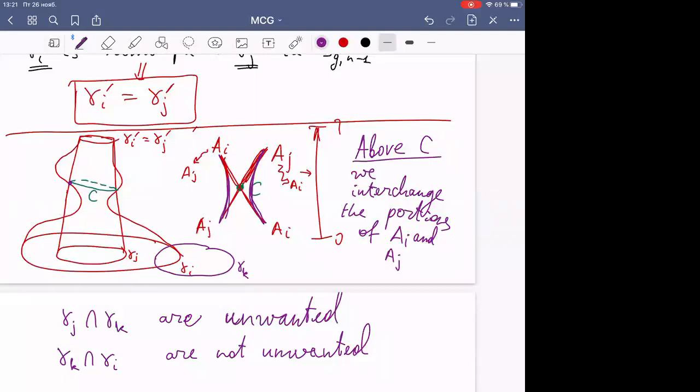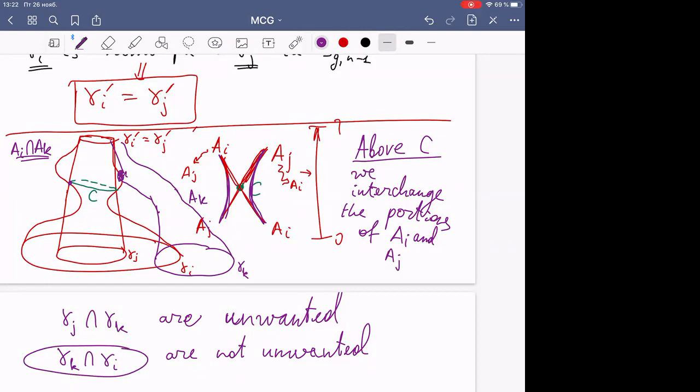And then it is possible that this cylinder AK has plenty of intersections with AI above the circle C. So if there are such intersections, they do not affect the complexity, since they are allowed.